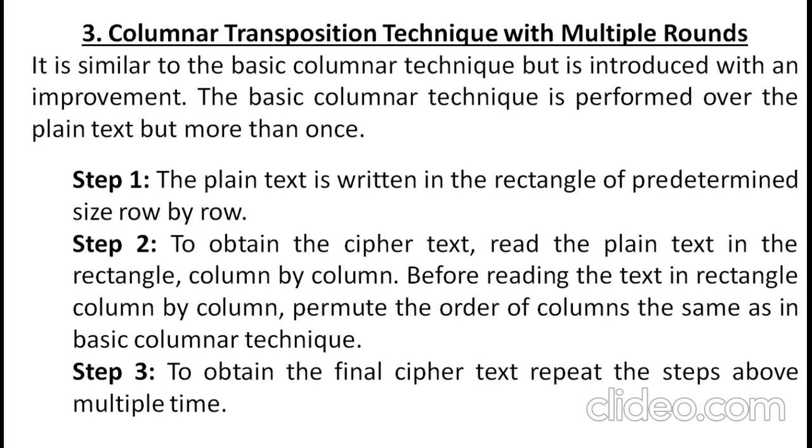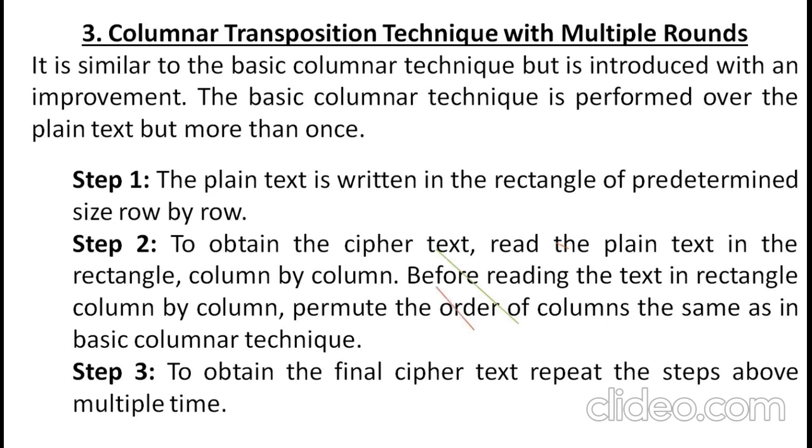The technique we used earlier, the second technique, columnar transposition, should be used in the multiple rounds also, in the third technique also. To obtain the final ciphertext, repeat the steps above multiple times.